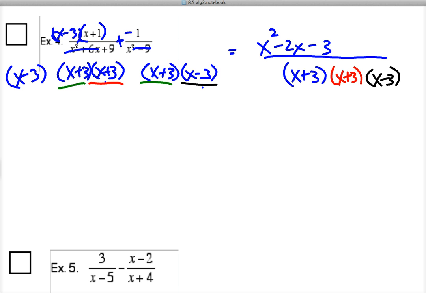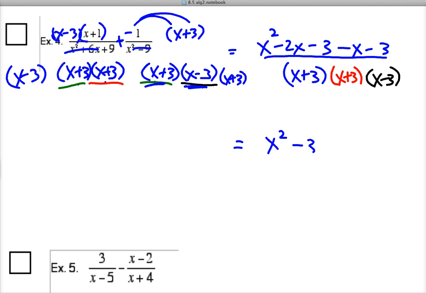The right-hand side has an x plus 3 and x minus 3, but it doesn't have that second x plus 3, so this one needs another x plus 3. And I move the negative with the 1, so I need to distribute that. So I'd have negative x minus 3. Add like terms on top, and you get x squared minus 3x minus 6.